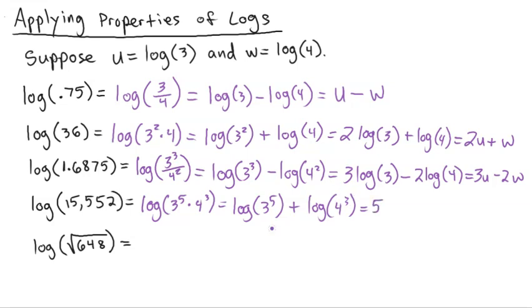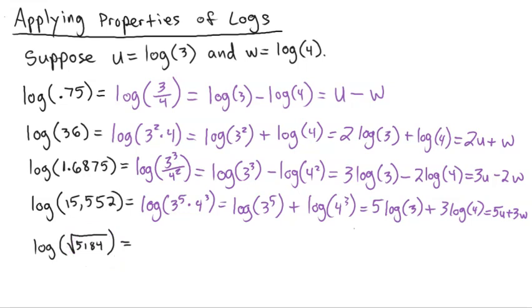And we'll have 5 log of 3 plus 3 log of 4. And now log of 3 is u, log of 4 is w, so we have 5u plus 3w. There we go. All right, I had to change this one because the previous example I had there wasn't working out correctly.